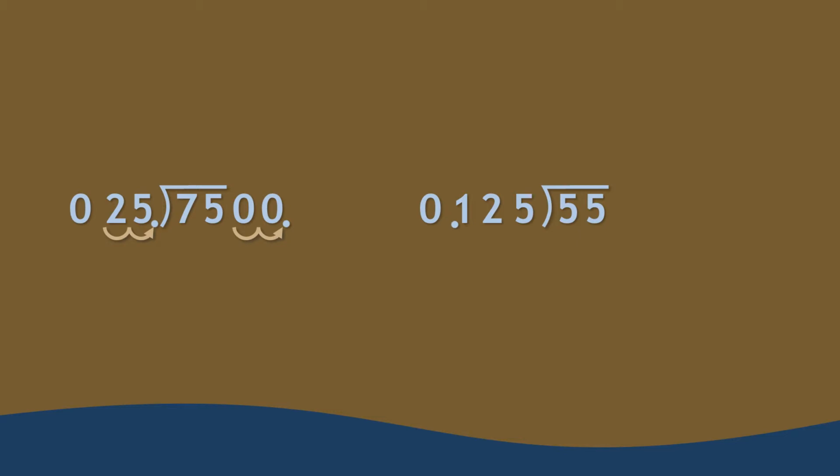So you should have moved it 3 times on this one, outside and inside. So now we have 55,000 being divided by 125. Awesome. That is something we need to always remember. Always, always, always. The very first step, when you are dividing with a decimal as the divisor, you have to move the decimal point. Have to move the decimal point, okay?